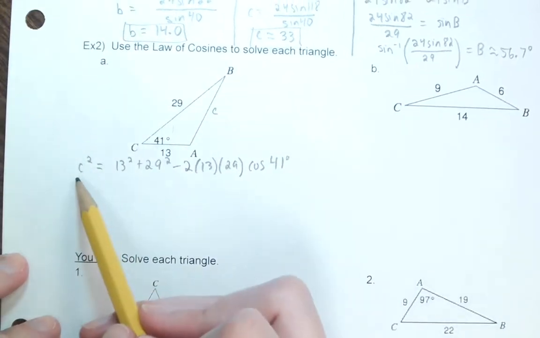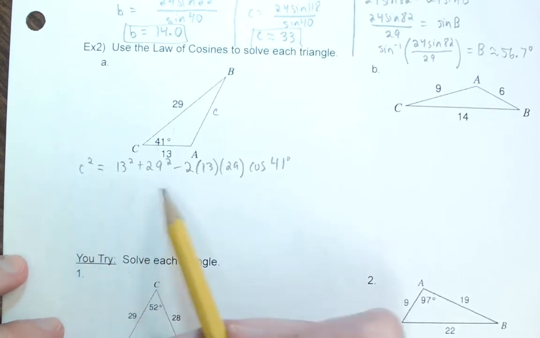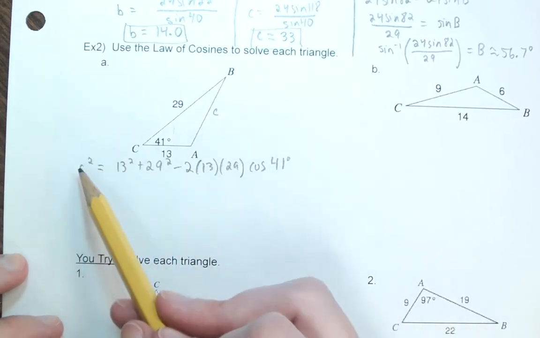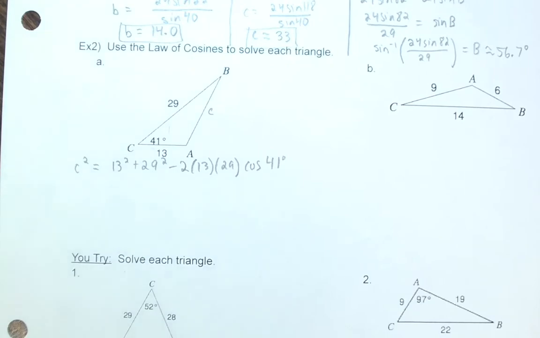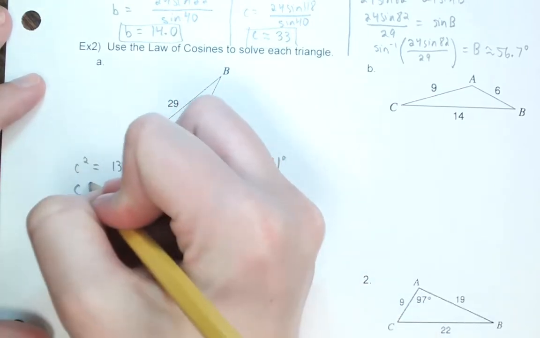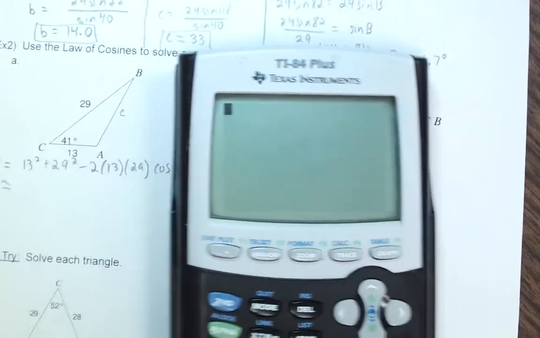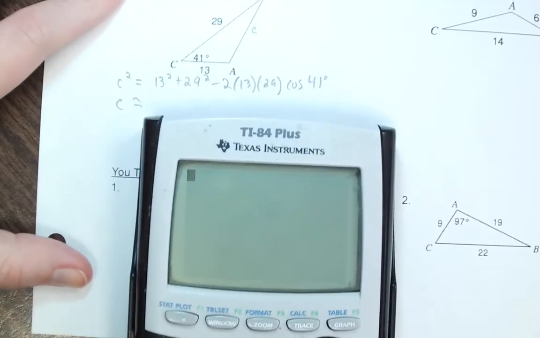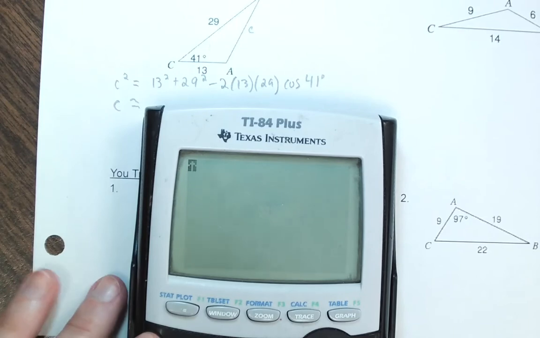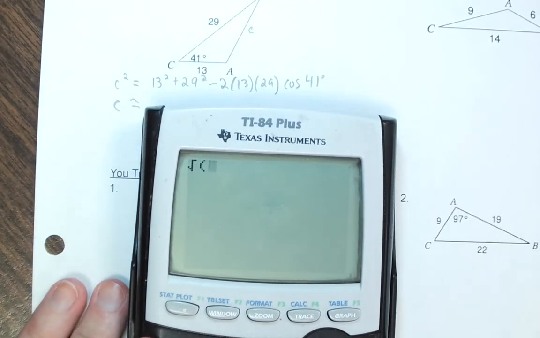So in order to get C completely by itself, we have to do this whole string and then take the square root of it. So again, I'm going to do that all in one swoop here. I'll show you what that looks like on the calculator. Let me make sure I can see my problem and the calculator. Okay, there we go. So I'm going to do the square root because that's going to give me C by itself.